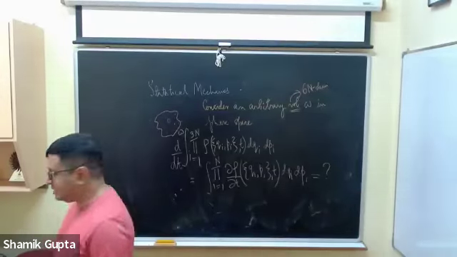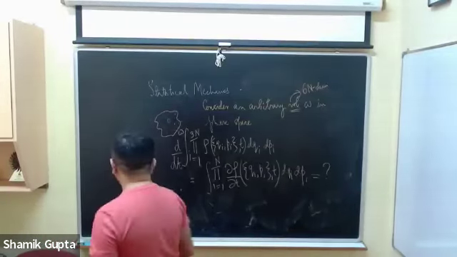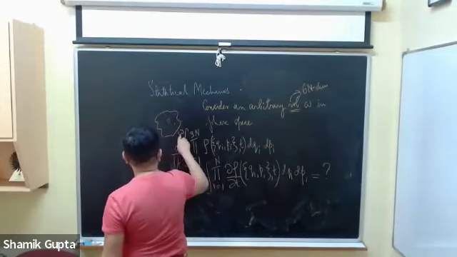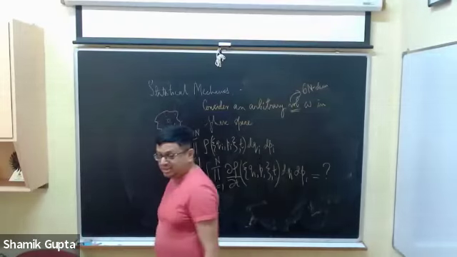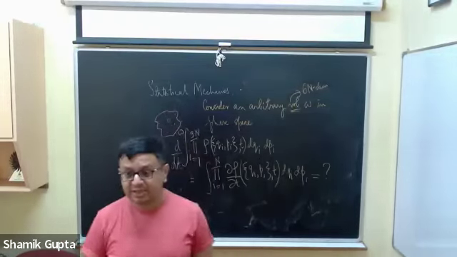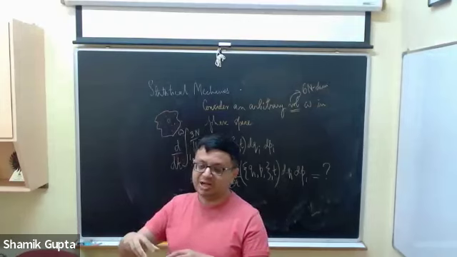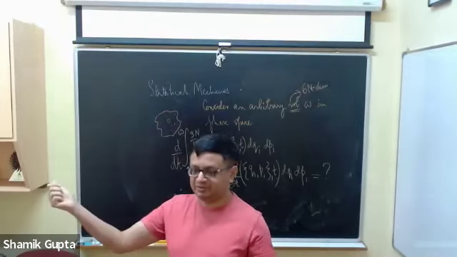So therefore, if it so happens that in this volume omega, the number of microstates changed, it has to be that some points came into that volume and some points left that volume.